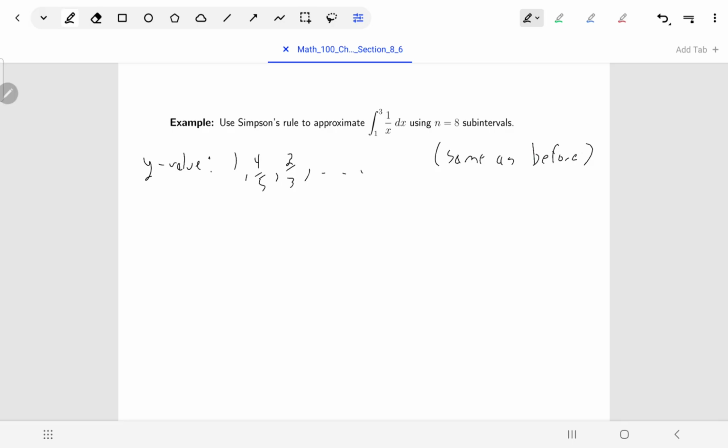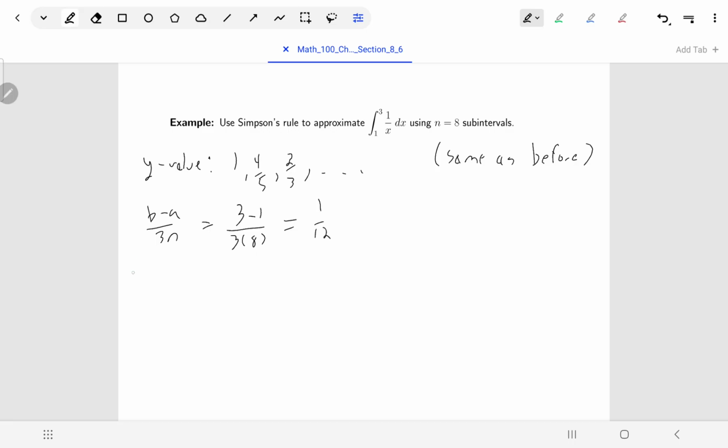So I can go right ahead and just use Simpson's rule and say to myself, well, number 1, b minus a over 3n, I should really calculate that. That's 3 minus 1 over 3 times 8. That's 2 over 24, or 1/12.